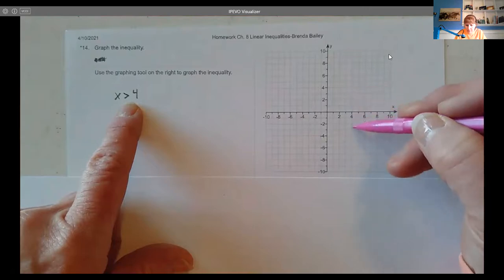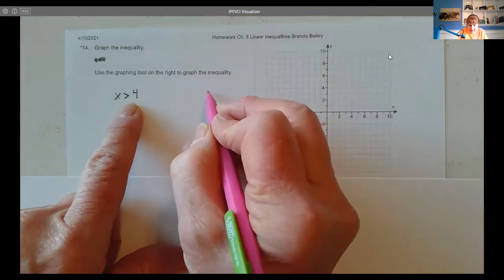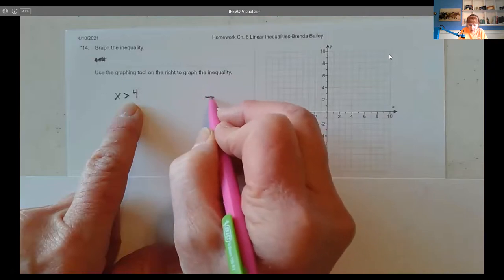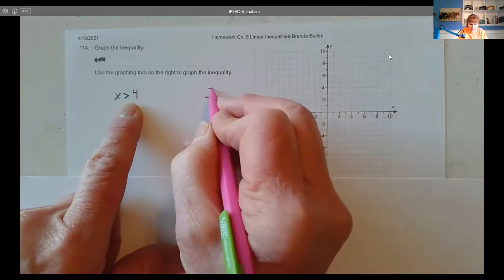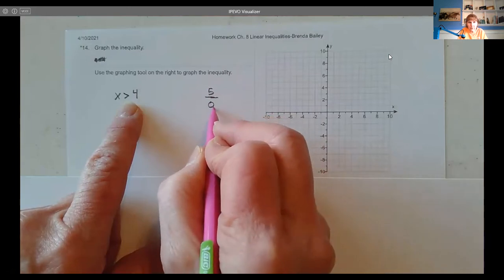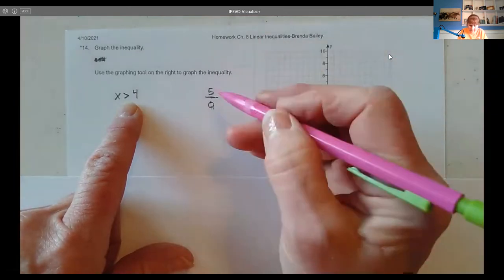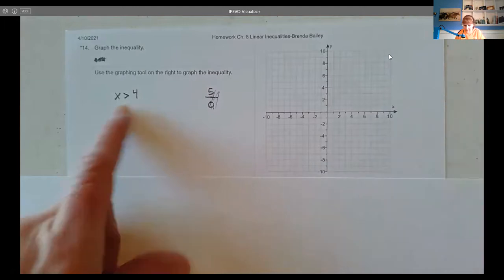The reason the slope is undefined is because if you were to take the difference in the y's, which would give you maybe a 5, over the difference in the x's, you always get a 0 when you take the difference in the x's. So that would be undefined. So the slope is undefined.